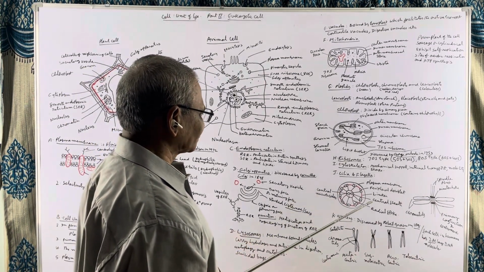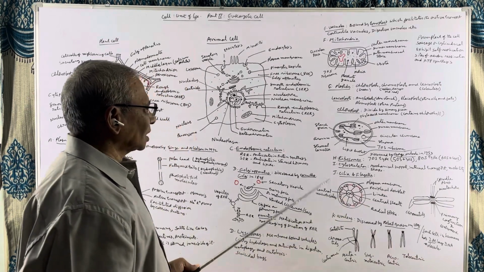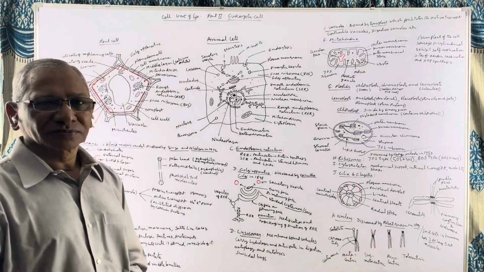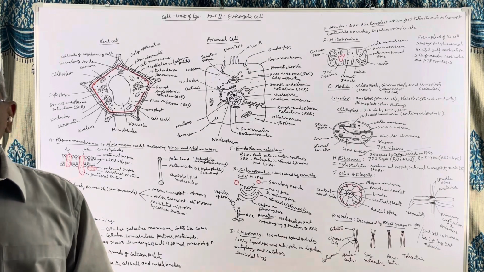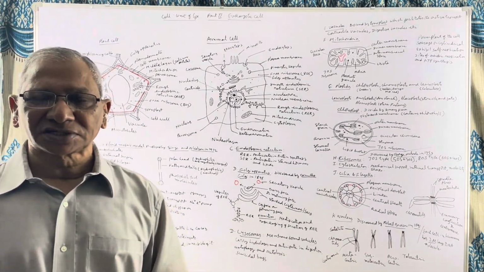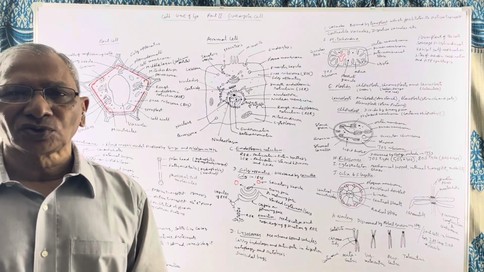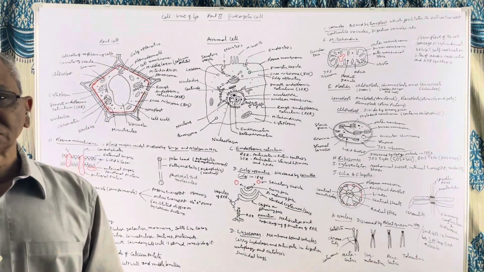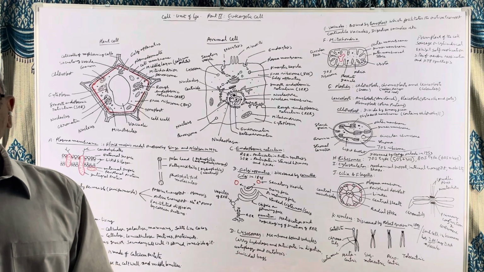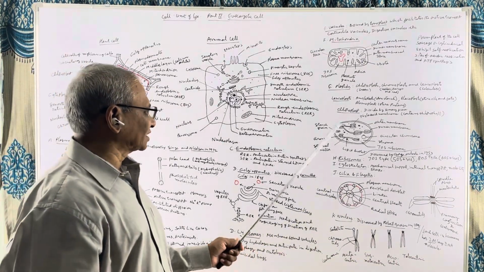Next, ribosomes. In eukaryotes, both 70S and 80S ribosomes are present. Already I have told you, 70S ribosomes are confined to mitochondria and chloroplasts, whereas the 80S ribosomes are present in the cytoplasm.